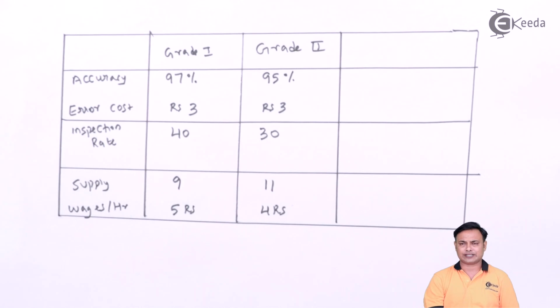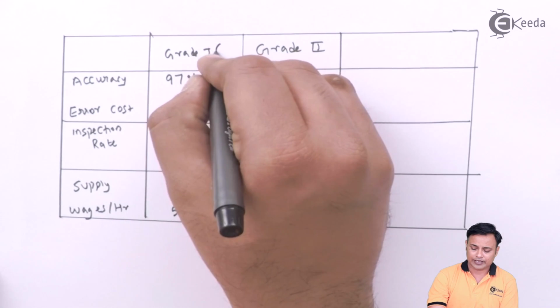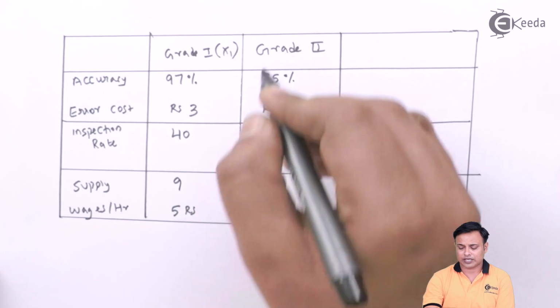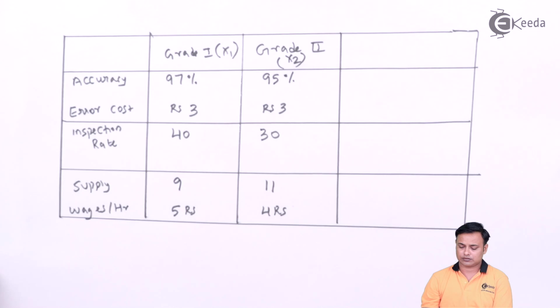Now how will that be done exactly? What will be the cost? We'll try to minimize the cost per hour, and finally that will result into overall minimization of overall cost at the end of the day. I'll assume that we are hiring X1 grade 1 inspectors and X2 grade 2 inspectors.